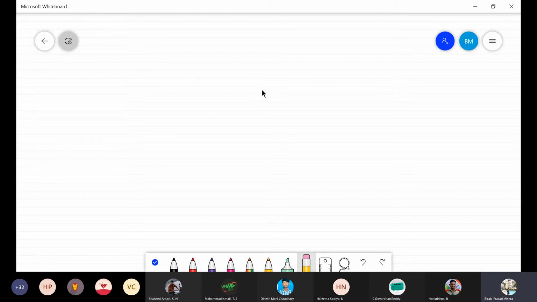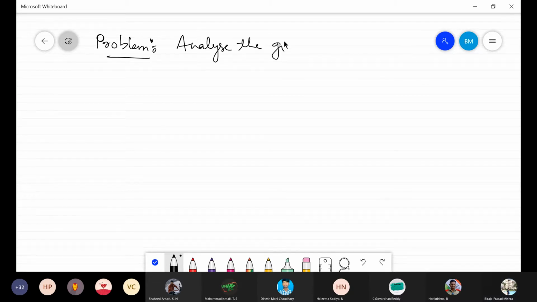So please, all of you, please take down the problem. Analyze the given frame. Even I'm writing that one. Analyze the given frame by moment distribution method.